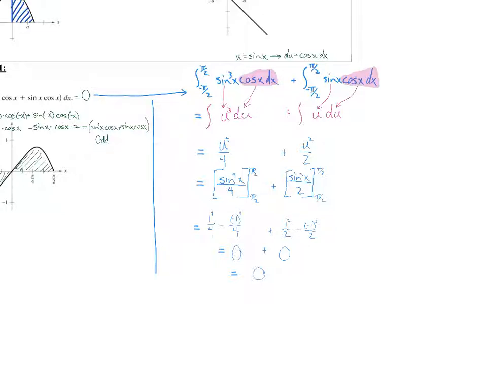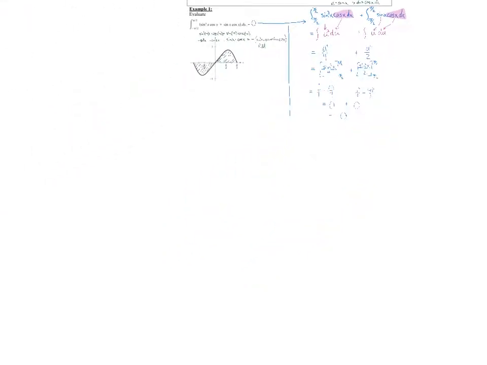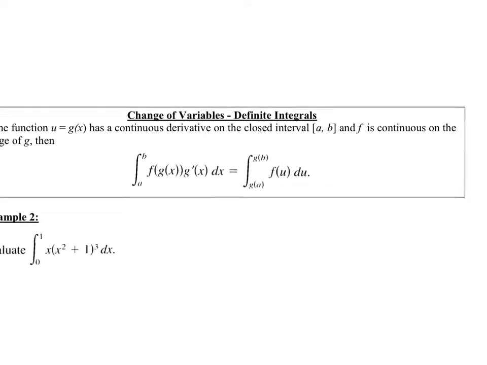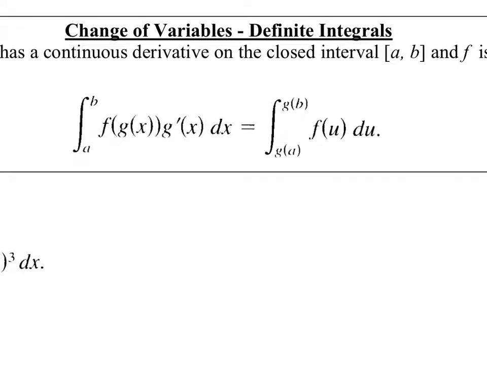There is an alternative, though, and that's what's shown on our next page. You'll notice here's our u substitution, f of g of x times g prime of x dx, and actually plugging those bounds into the u function.